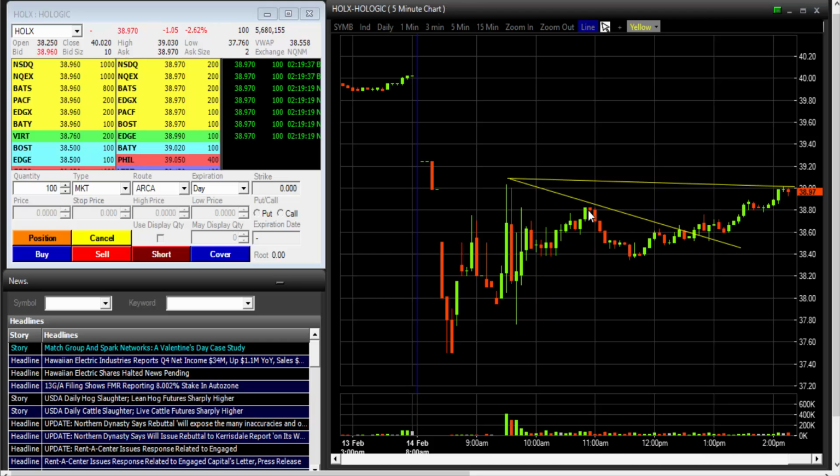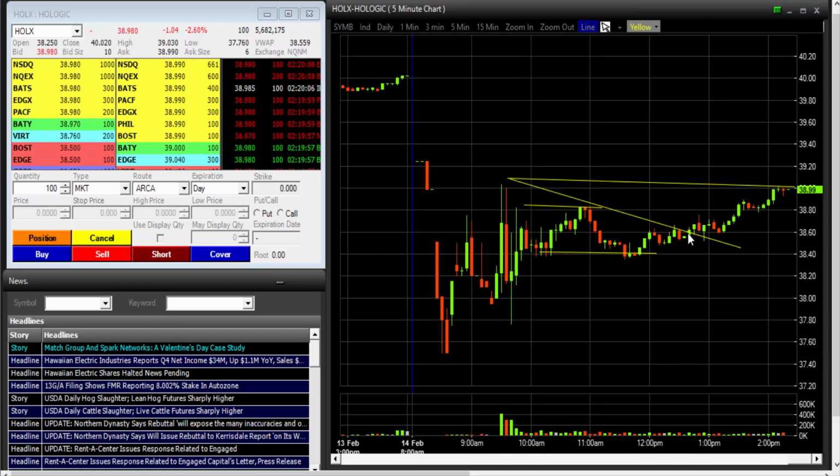Over here was a kind of correction, and after that it got to a resistance level over here at the beginning, but after that it declined down, reached the support level over here, and after that it still went for the uptrend.